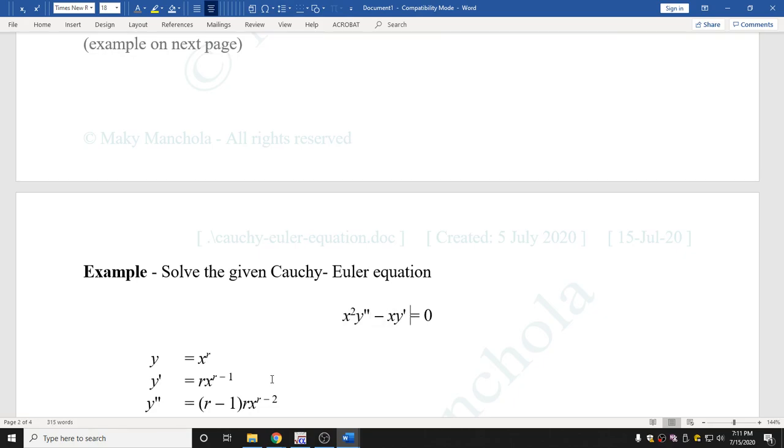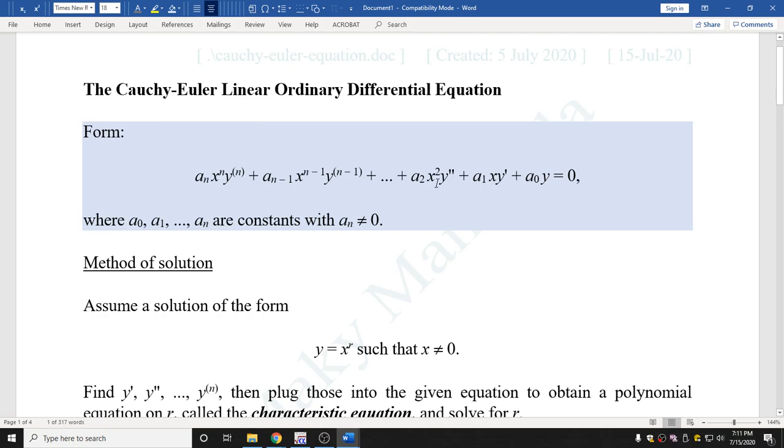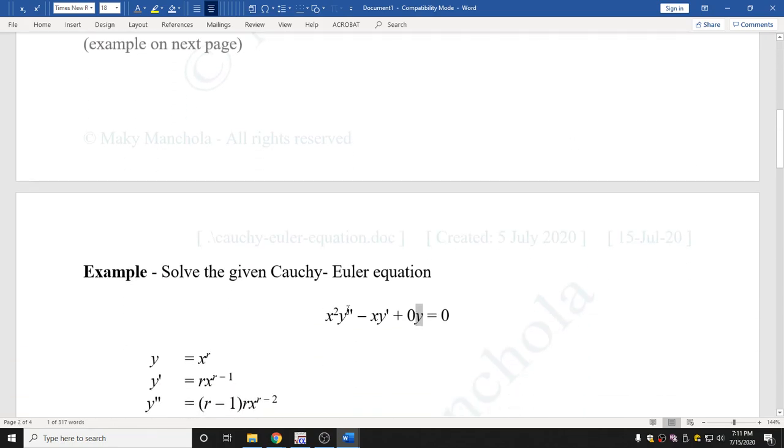I don't see a y, so we can think of it as being 0 times y. So it does have the form. We have a constant times x^2 times the second derivative, plus another constant times x times the first derivative, plus a constant times the dependent variable, equals 0. So we confirm that this is indeed a Cauchy-Euler equation.